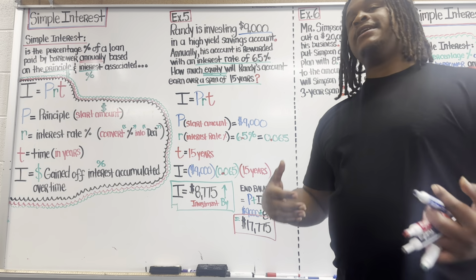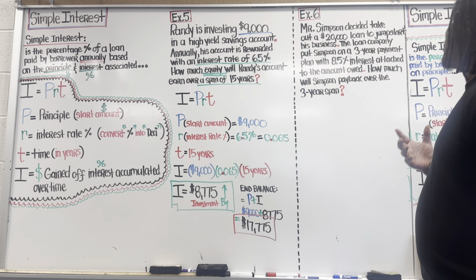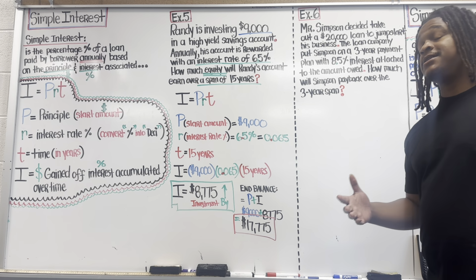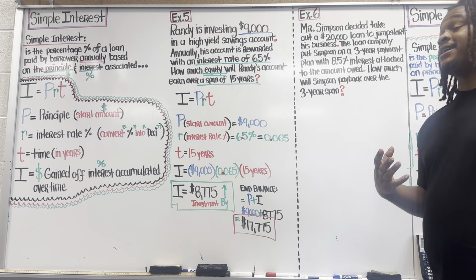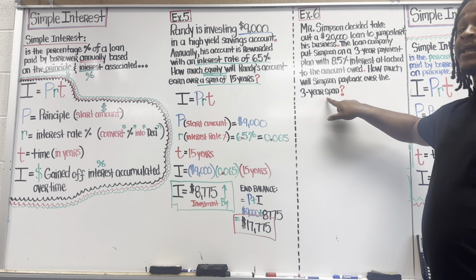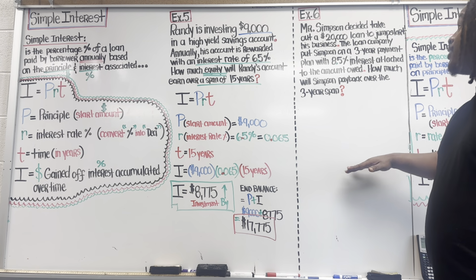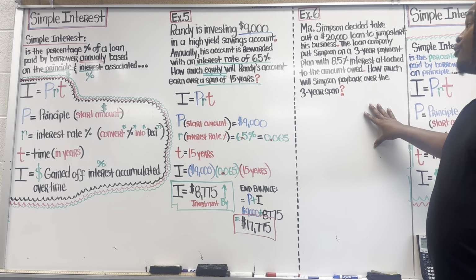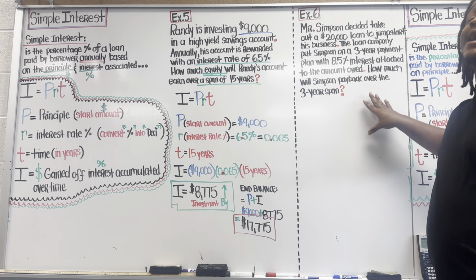So basically, in this particular problem, Mr. Simpson decided to take out a loan for $20,000 to jumpstart his business. But the loan company says, we want our money back in 3 years, but we not only want the $20,000 back, we want $20,000 back with 8.5% interest on top.